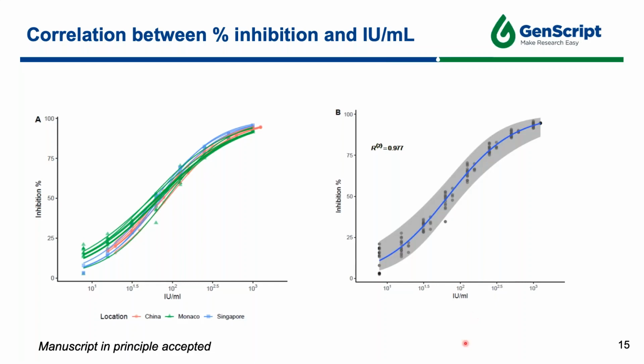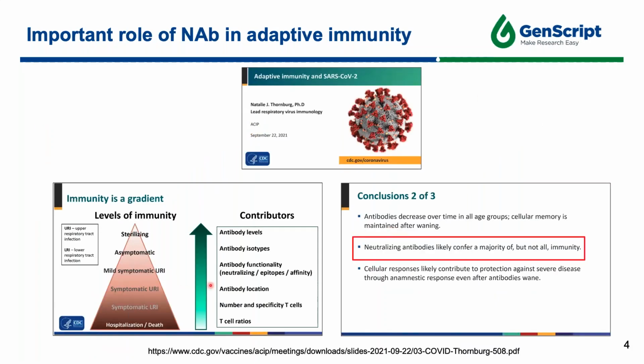Thank you for this question. I would like to go back to this slide again. Cellular immunity likely contributes more to the protection against severe disease through a memory response even after the antibody wanes. We also observe cases where there's no neutralizing antibody after vaccination, but the person is still protected from mortality and hospitalization.